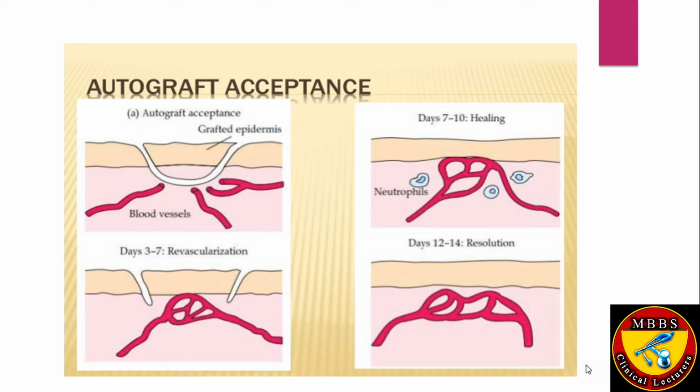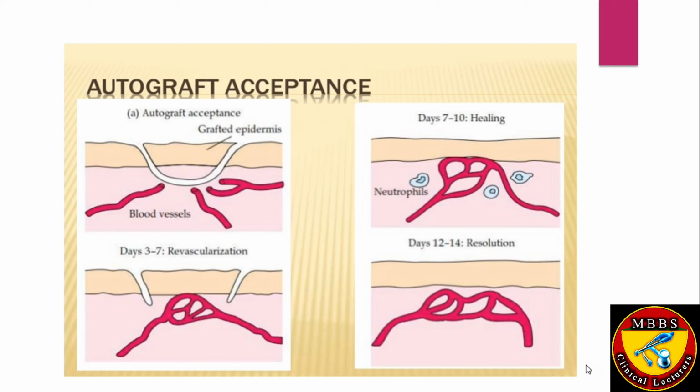Okay, now how is the autograft accepted? As I have told you, autograft means transplantation of the graft within the same individual. For example, the grafted epidermis: in this picture you can see a grafted epidermis. In picture A, the blood vessels are broken apart. But after about a week or within 2 weeks, the process of healing will take place.